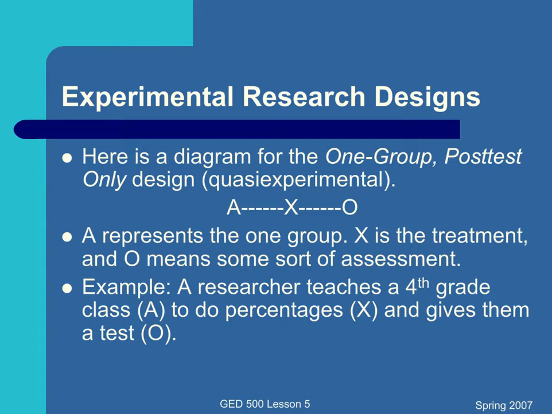So the fourth grade class is A, that's the group that you're looking at. And then you're doing some sort of percentages with the group. Okay, so that's the X. The group is working on percentages. That's their treatment, right? And then this gives them a test at the end to see how they did on that particular subject, right? So the test is O, the observation.